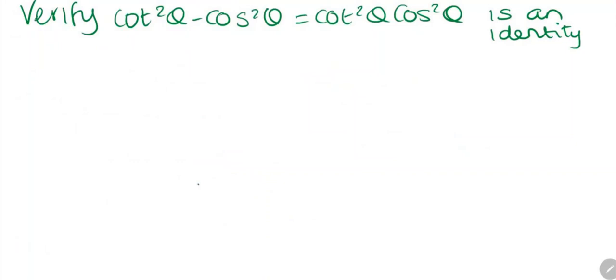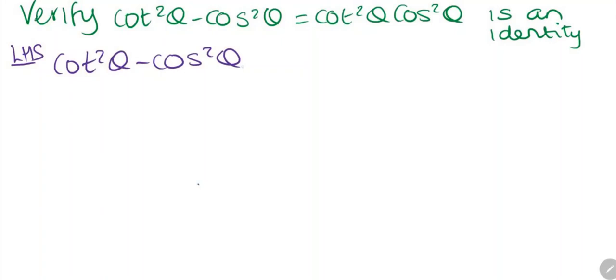Okay, so now we've got another question. Verify cotangent squared theta minus cosine squared theta is equal to cotangent squared theta multiplied by cosine squared theta. So I'm going to take the left-hand side. So we have cotangent squared theta minus cosine squared theta.